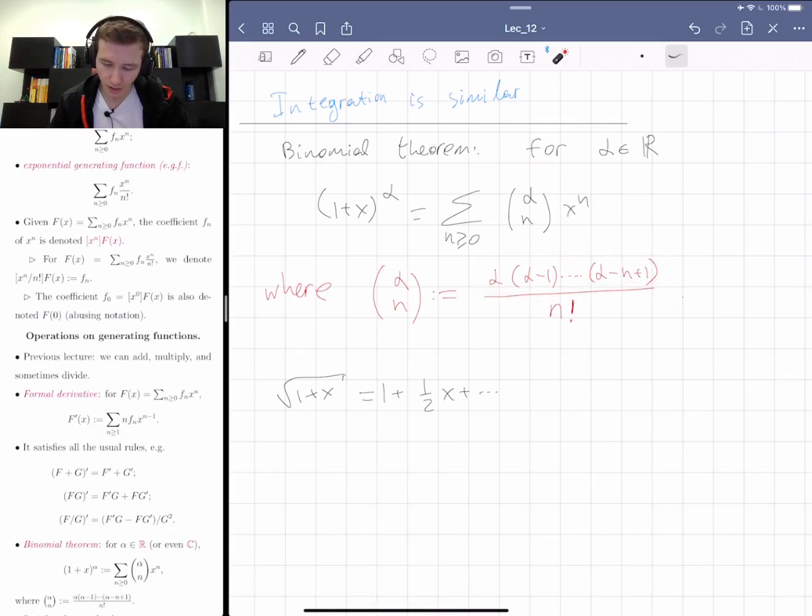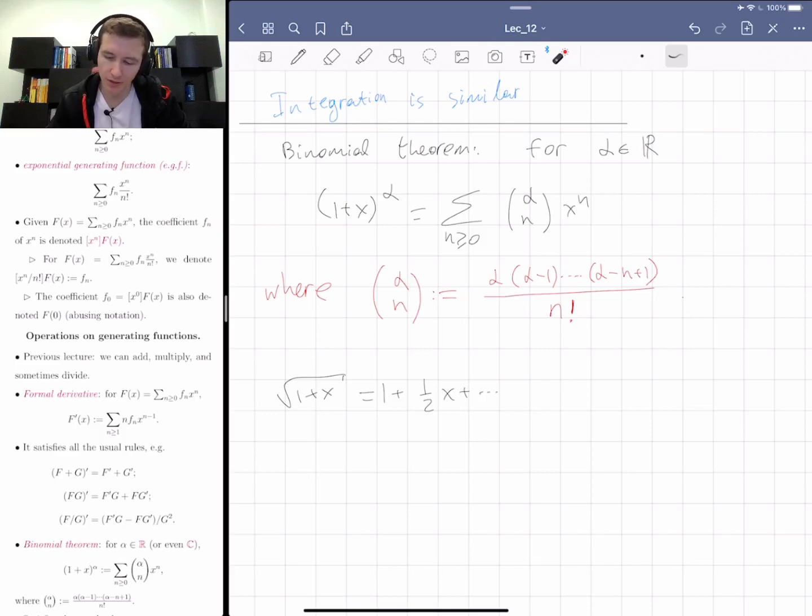Is this related to the gamma function? I don't think it's direct. I mean, maybe everything is related, but I don't see it. The gamma function is a generalization of the factorial to arbitrary real numbers, and yeah, I have to think about it.